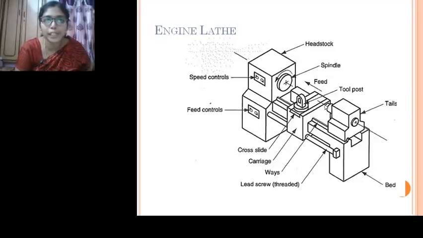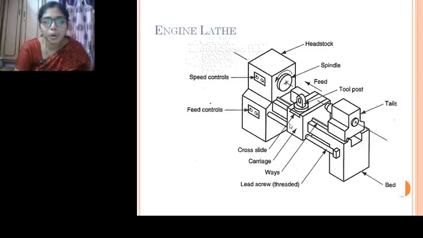If you are drilling, this can also be mounted with a drilling tool and we can perform the drilling operation. And lathe bed, which is very sturdy, will be made in such a way that it takes all the vibrations during the machining process. It is a very sturdy support which will be acting like a support to all these elements.